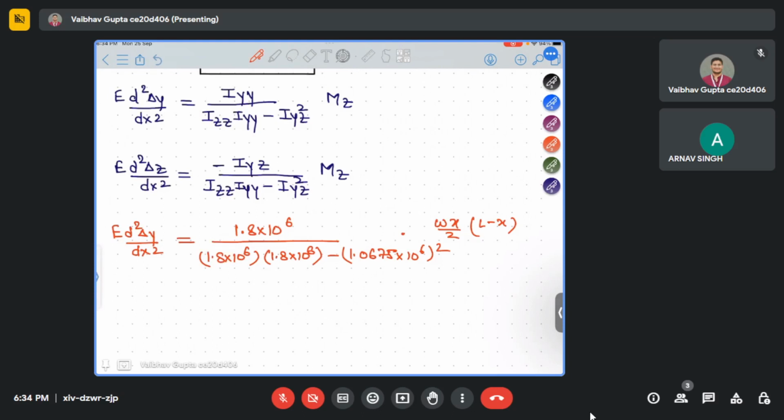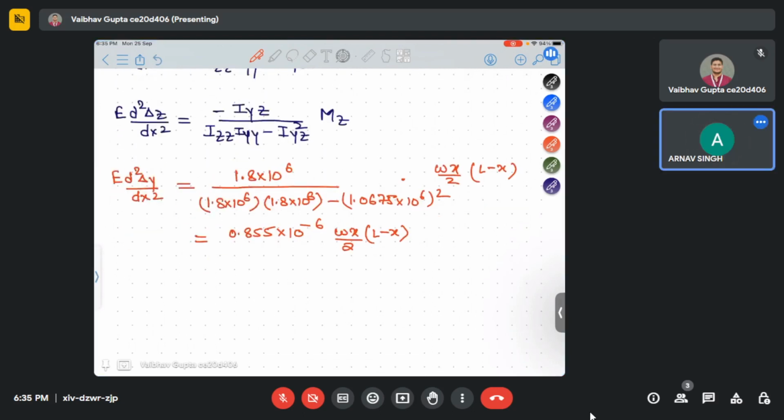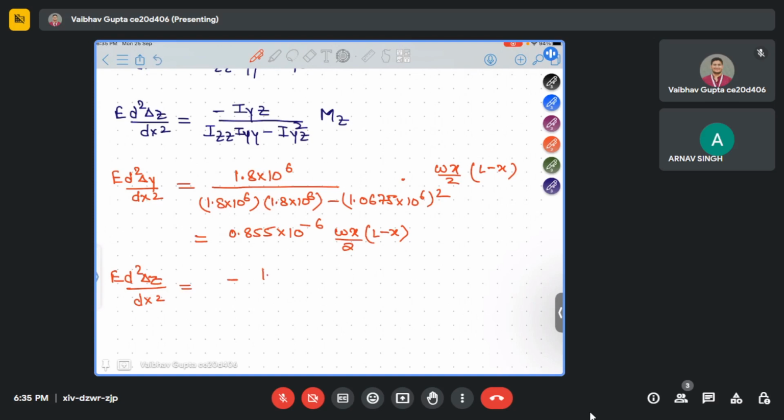If I solve this, I will get 0.855 into 10 to the power minus 6 Wx by 2 into (L minus x). Similarly, I'll put E d2 del z in the z direction, which will be equal to minus 1.06578 into 10 to the power 6 upon the same denominator.